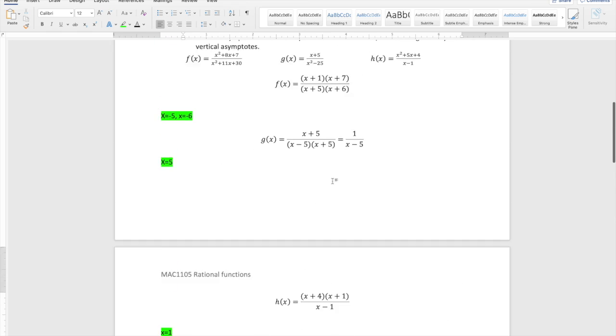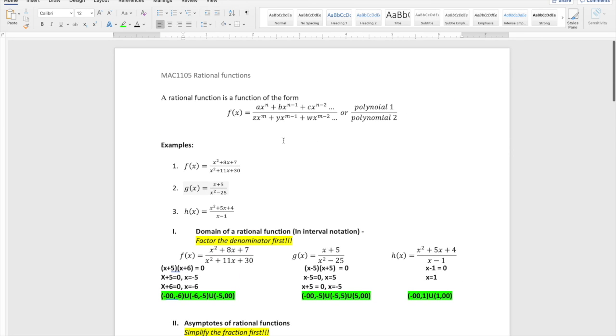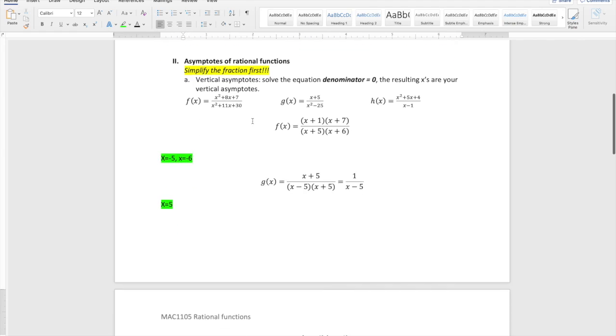So I'm going to scroll back here and remind you that N is the highest power at the top, and M is the highest power at the bottom. And then A is the coefficient of that highest power, called the leading coefficient, and then Z is the coefficient at the bottom. So remember, N and M are the powers, and A and Z are the coefficients.